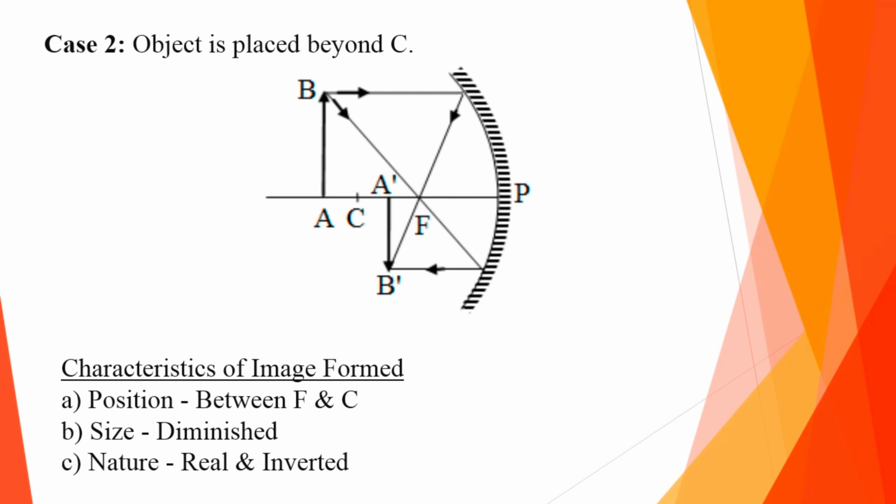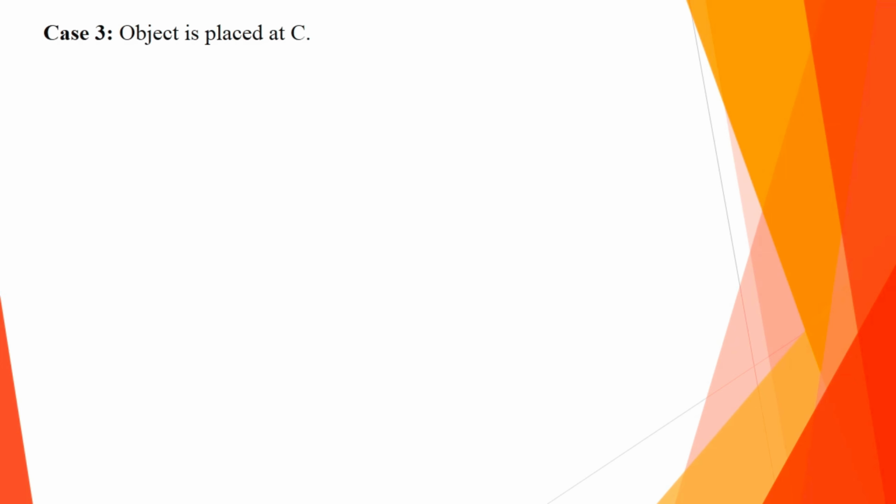And the third case is object at C, that is center of curvature. See, when the object is at C, what is the nature of the image?